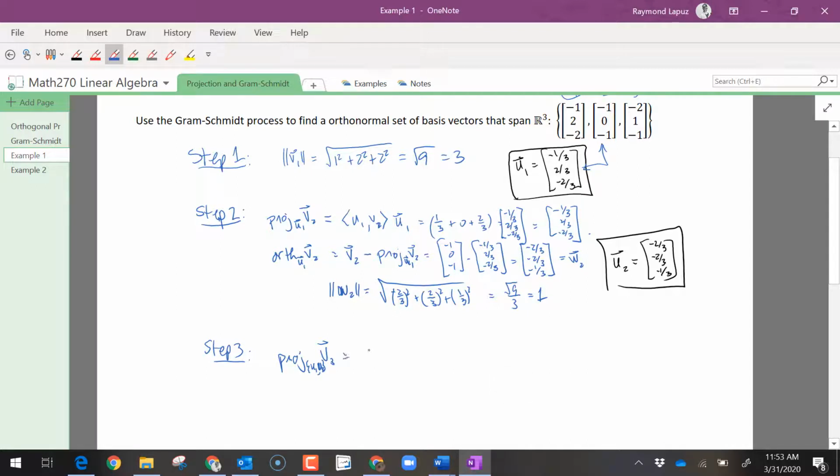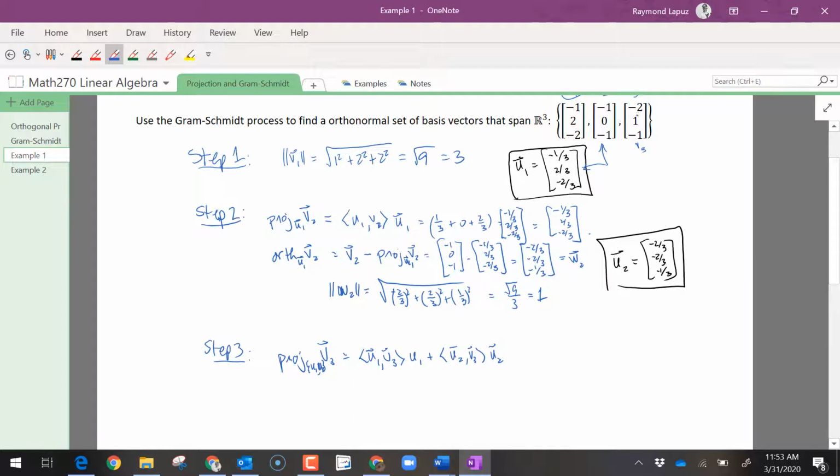And according to the formula, this is the inner product of u1 and v3 times u1 plus the inner product of u2 and v3 times u2. Alright, so now we want to take the dot product of these things with v3. This is v3.